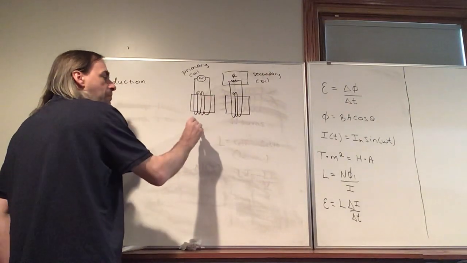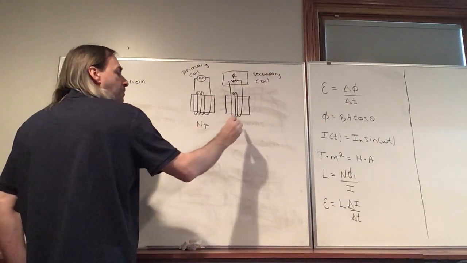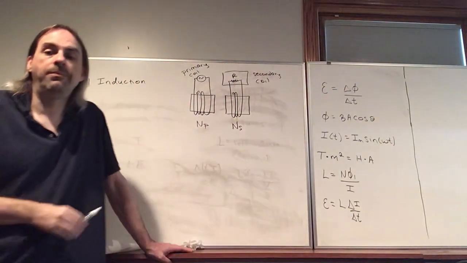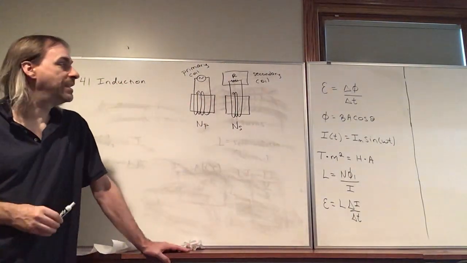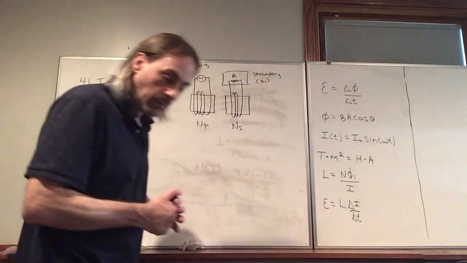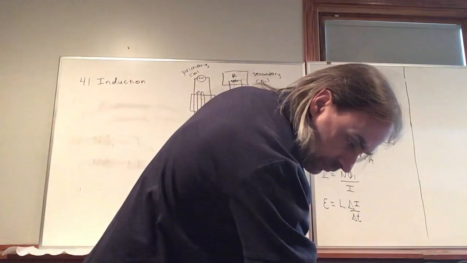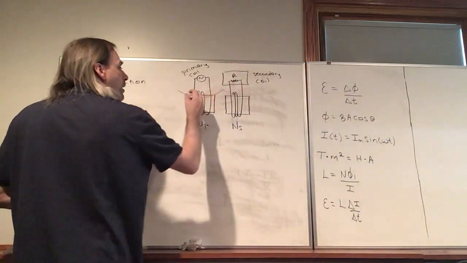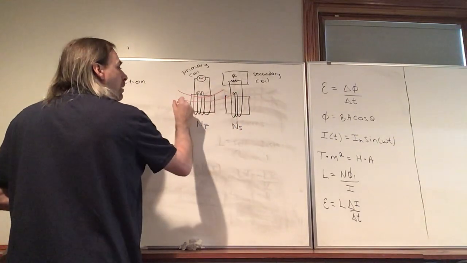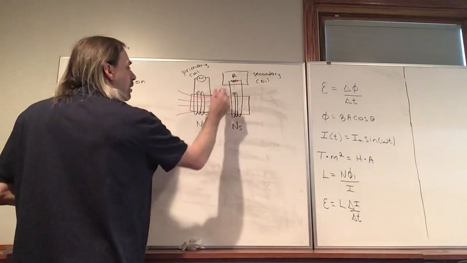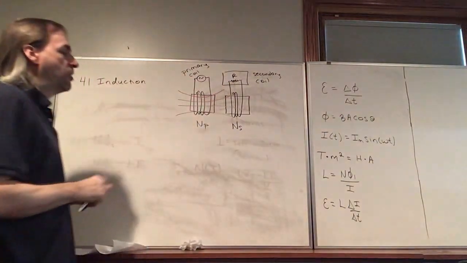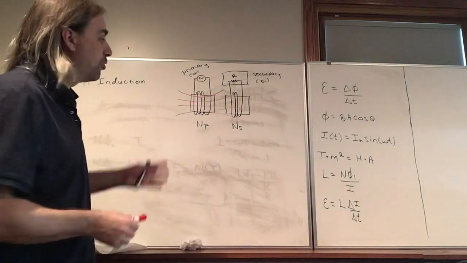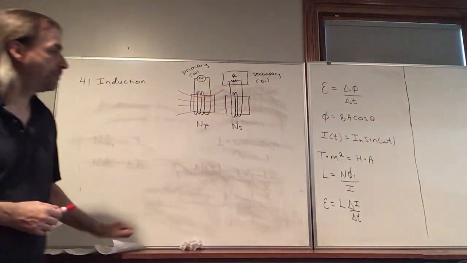And they can have different numbers of loops. So let's say NP is the number of loops in the primary coil, and NS is the number of loops in the secondary coil. And again, we have a magnetic field because there's going to be a current that produces a magnetic field in the primary coil, and some of these field lines are going to go through the secondary coil.